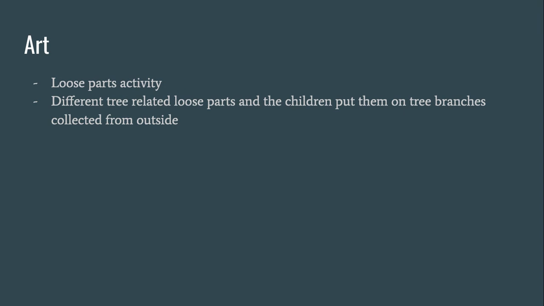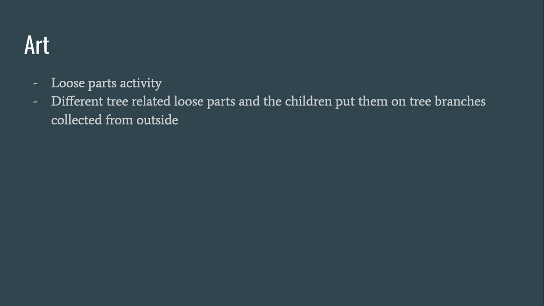For art, this was actually one of my favorite experiences. I had a loose parts activity. I had a whole bunch of branches that I collected from outside, and a whole bunch of different loose parts on a tray. They were red, yellow, green, and brown parts, so it could all go with the seasons.